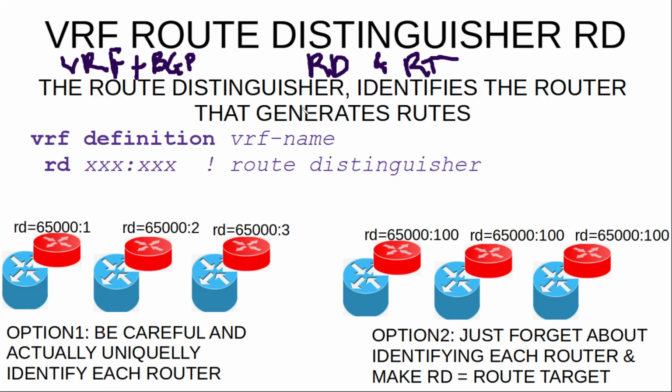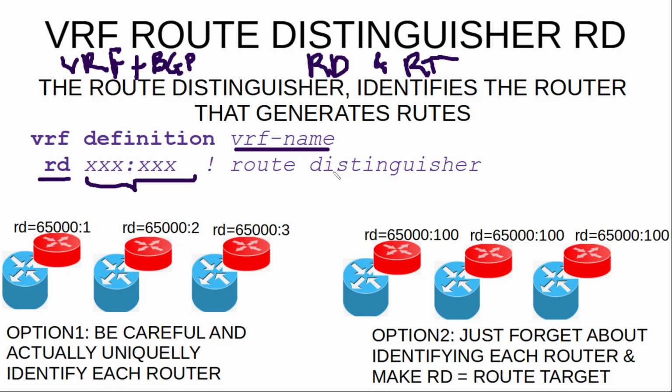So the route distinguisher identifies the router that is actually generating these prefixes or routes. So you will go into your VRF definition when you're creating your VRF definition and your VRF name, and then you will use this command for the route distinguisher, and you will issue here a number, usually separated by a colon. So this will be your route distinguisher, and this will uniquely identify each router.